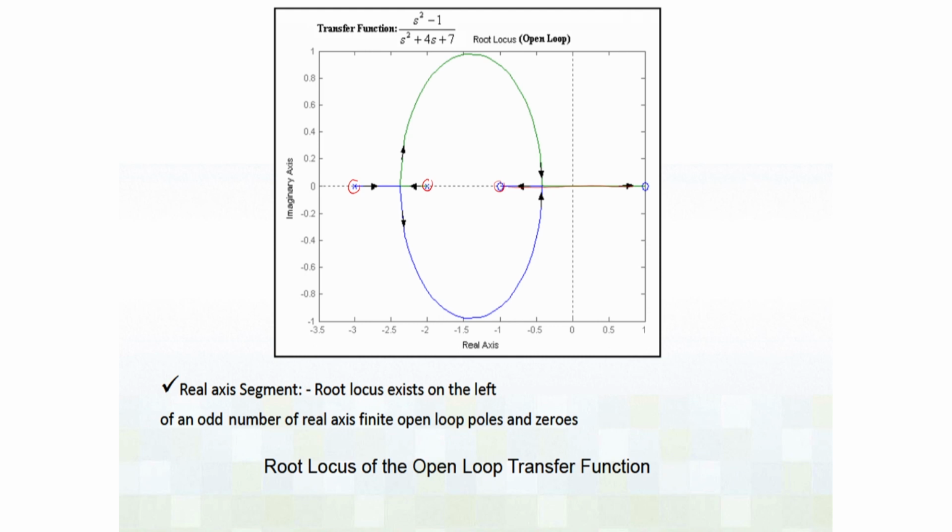So, if I choose this particular part, what is the angle here? Please keep in mind that you have another zero here. So, you have one positive zero and one negative zero. Let us start from points even beyond this zero. Let us say I am taking a test point here.